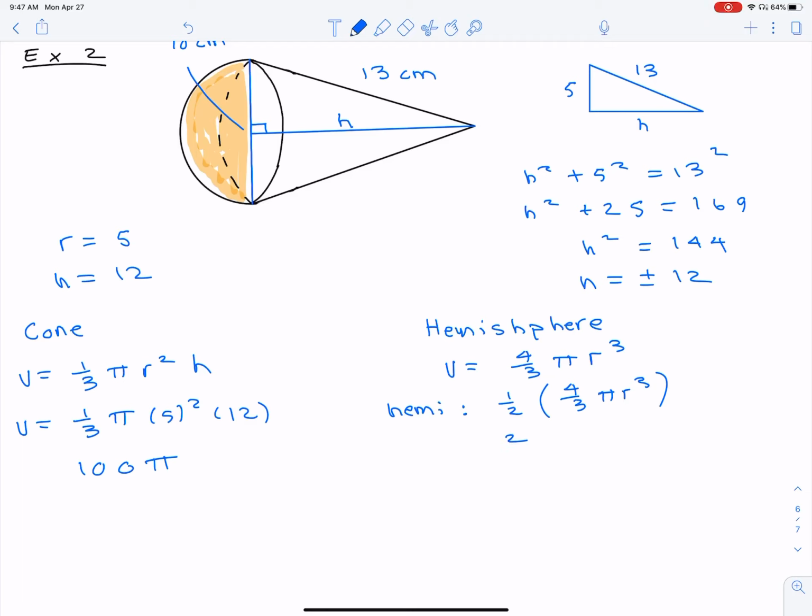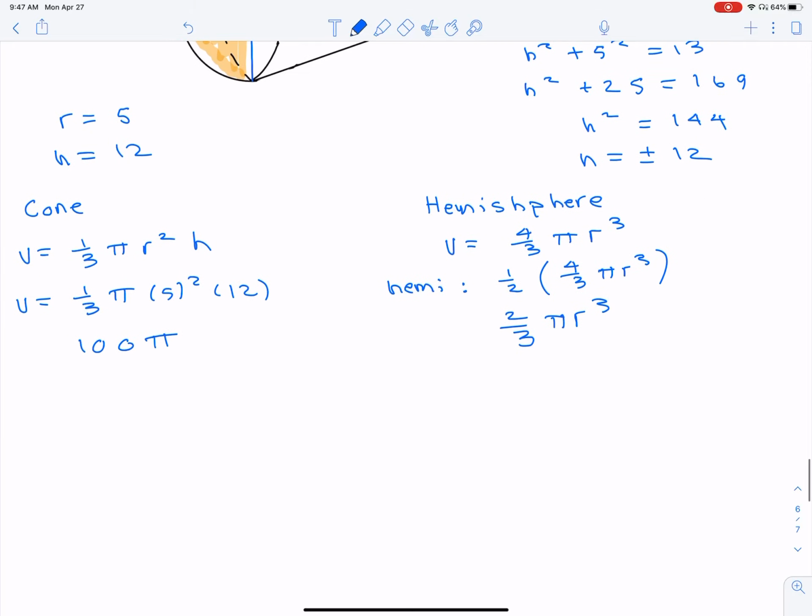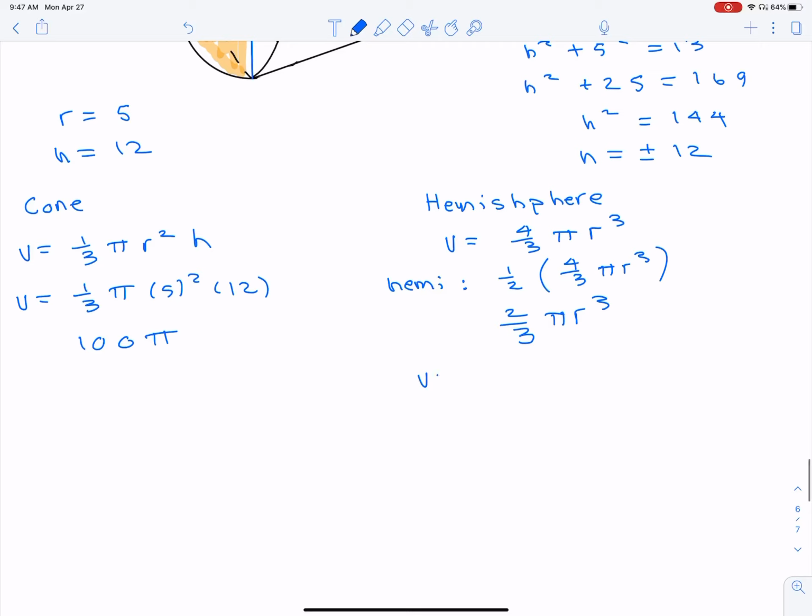So our formula is 2/3 pi r cubed. To find the volume, we plug that in. Volume equals 2/3 pi, and r in this case we said was 5, so this is 5 cubed. 5 cubed is 125, times 2 is 250. So this is going to be 250 divided by 3 pi. That's the volume of our hemisphere.